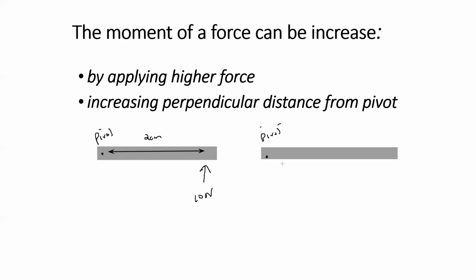In another example, the same distance of 2 centimeter, but I apply a higher force, for example 50 Newton. Which one will produce a greater turning effect, a greater moment, A or B?